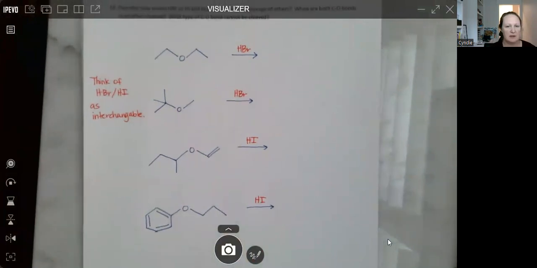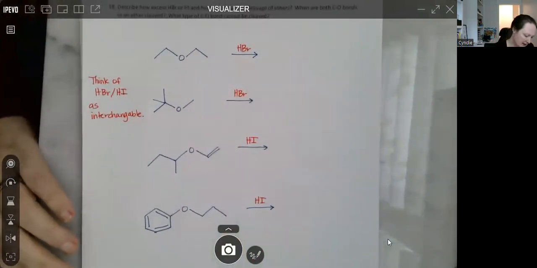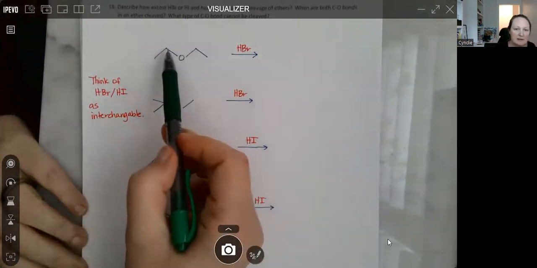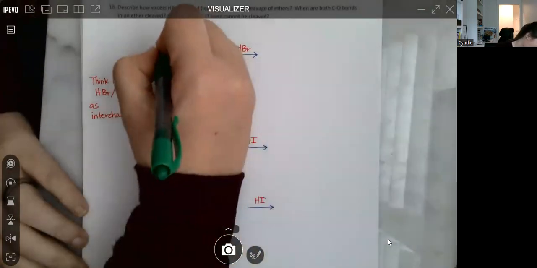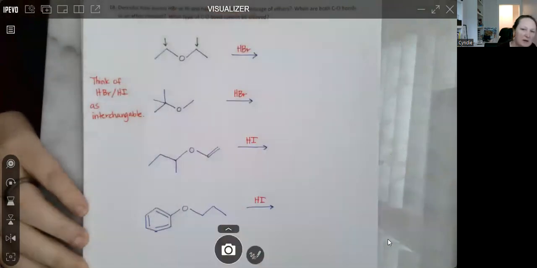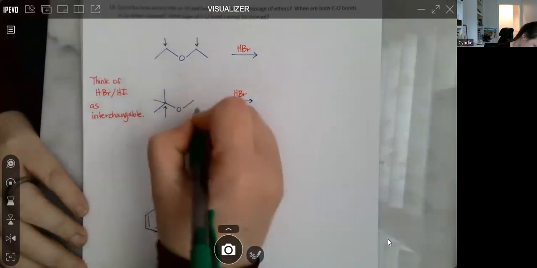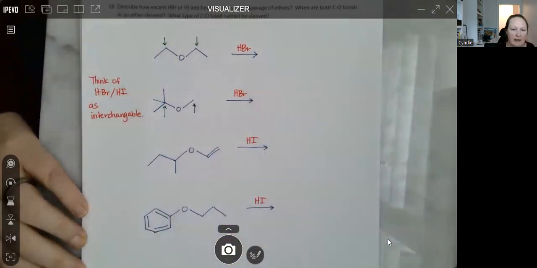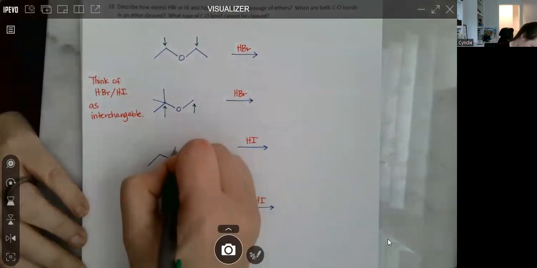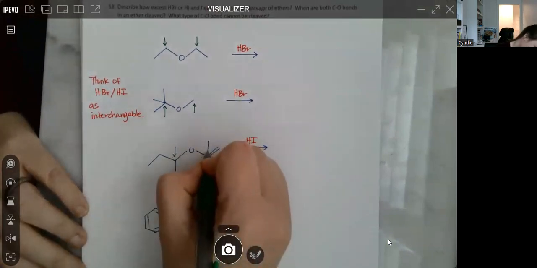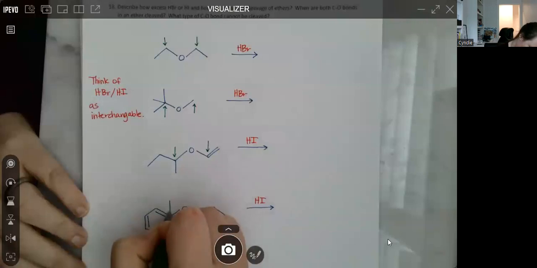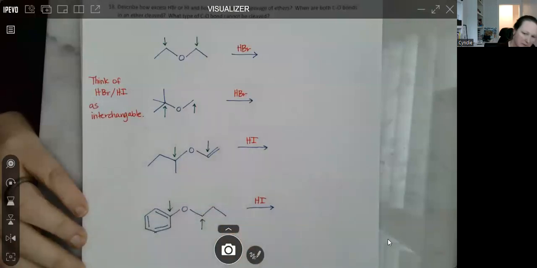And then what we want to do here is look at the carbons, the alpha carbons, right? And then put in their hybridization. So I'm just going to point to the alpha carbons in all of the different ethers here. Okay, so it doesn't matter which way I'm pointing, just as long as I'm pointing at the right carbon, right? So those are those carbons that are attached to the oxygen.